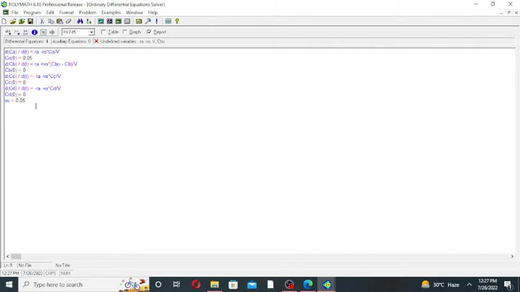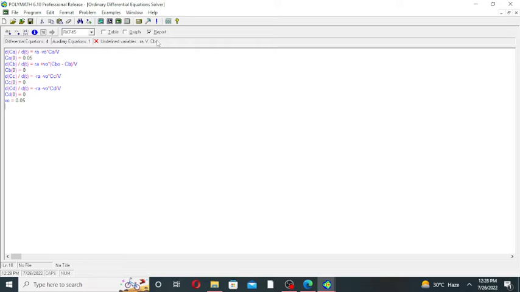But don't write the unit of volumetric flow rate, concentration, volume or time in this interface. Now the undefined variables are RA, V and CB naught. This CB naught is the concentration of component B which is entering the semi-batch reactor.